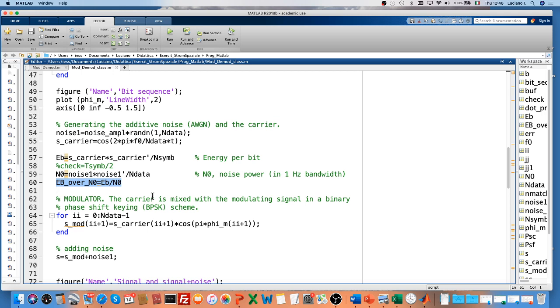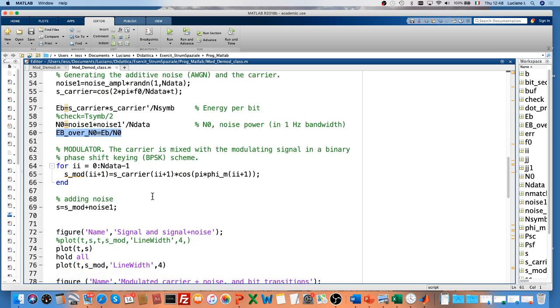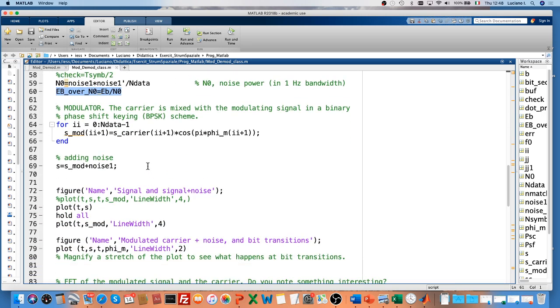Okay, let us move on in the structure of the code. Now I have to apply the modulation, the phase modulation. And the phase modulation is done very simply. A modulator is nothing but a multiplier.